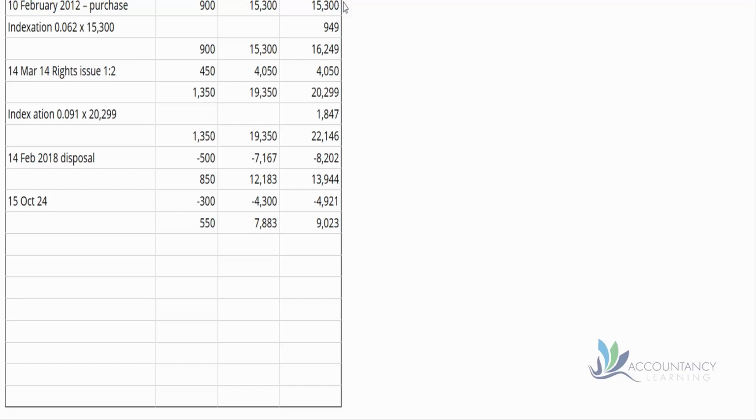So I guess recap: transaction, indexation, subtotal. Transaction, indexation, subtotal. Transaction, okay, no indexation in this case because it's after 2017, but then we got our subtotal and we can work out our disposals.